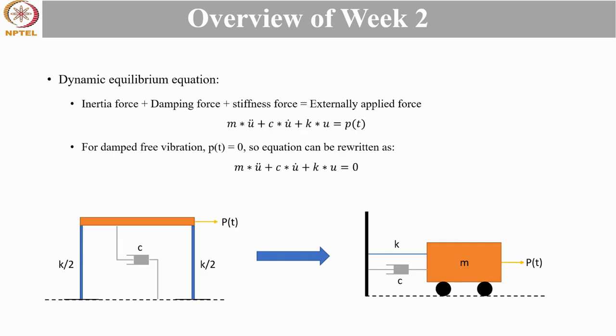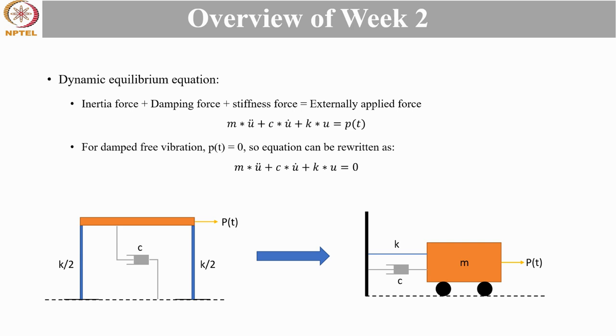So moving ahead, just to brush up things, the dynamic equilibrium equation is given as inertia force plus damping force plus stiffness force is equal to externally applied force. And when we are talking about damped free vibration, we mean that there is no external force. So P, the external force, is zero, so we can rewrite the equation as follows.